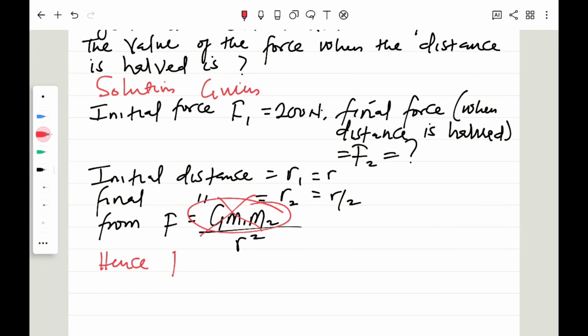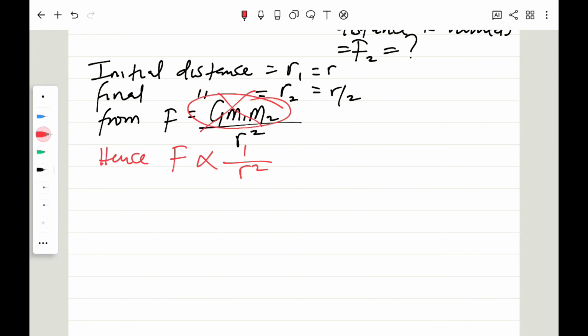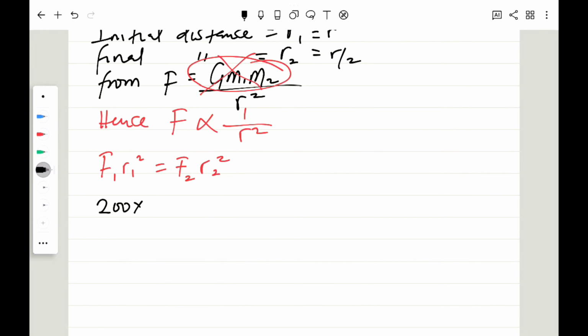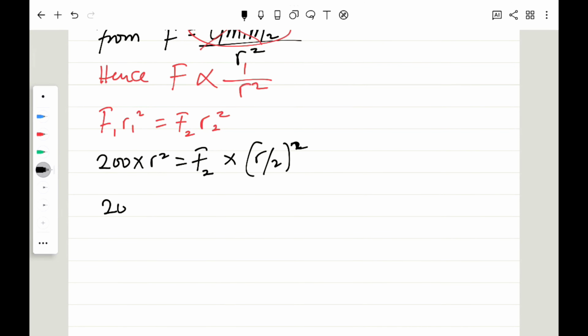So hence F is inversely proportional to the square of the distance. Is that clear? So if we do that, F1 R1 squared is equal to F2 R2 squared. By substitution, 200 times R squared is equal to F2 times R over 2 squared. Okay? So that we have 200 R squared is equal to F2 times R squared over 4.